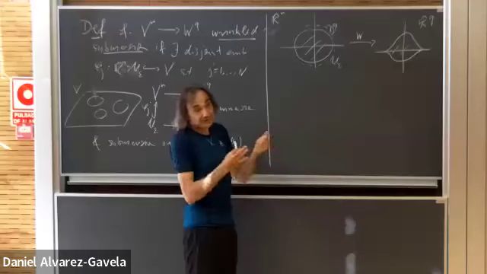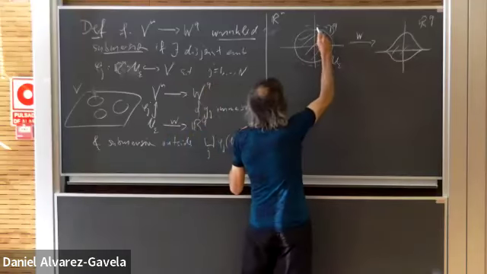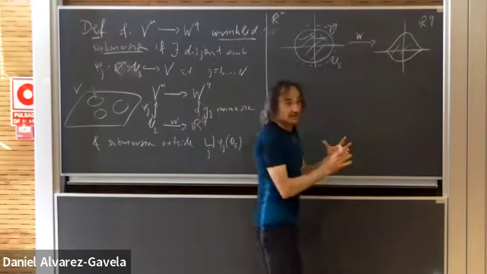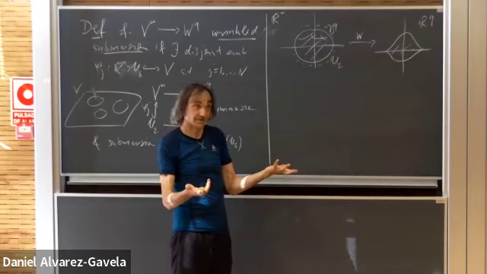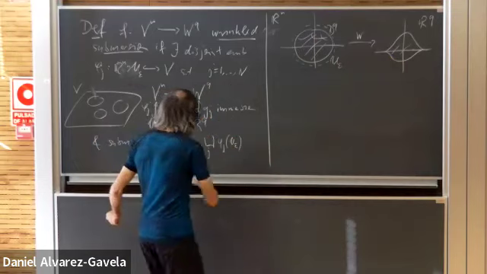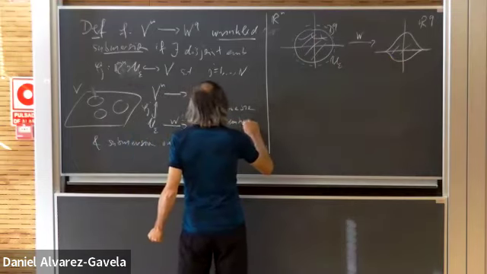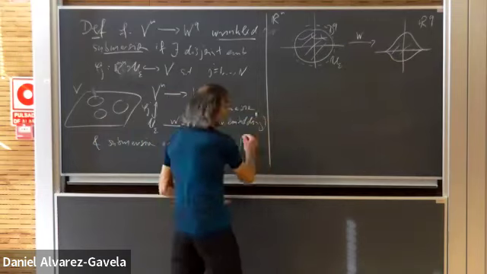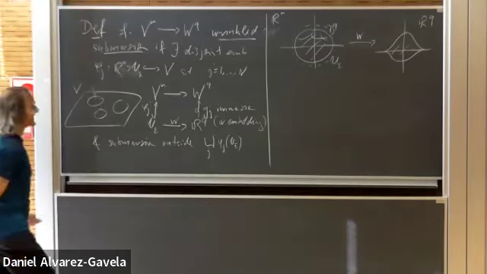And if you have an immersion and you chop your wrinkle into smaller pieces, then the restriction to each of these smaller ones is going to be an embedding. So I could have equally well said embedding here. Nice.